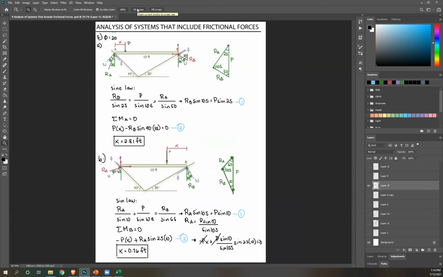Any questions for number 5? Please answer in the chat. If you have any questions, please answer in the chat, yes or none, or your question.